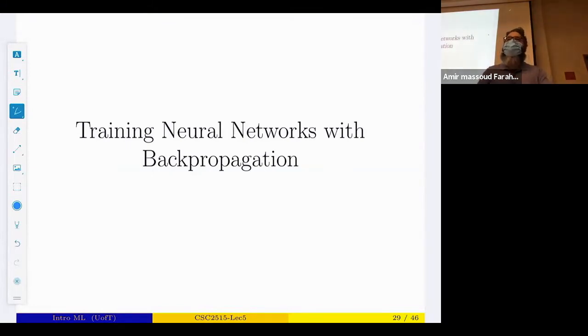And it took a while before people figured it out. It was actually in the 80s that Jeff Hinton and others came up with this idea of backpropagation, which basically showed the way that we can train a neural network with multiple layers. Like we are not limited to one layer.